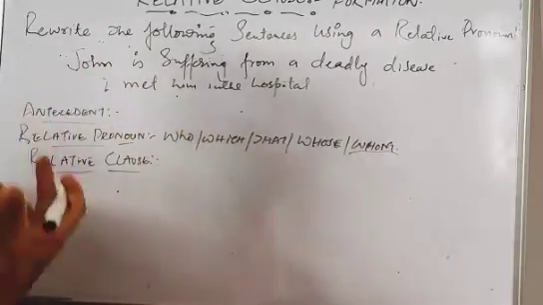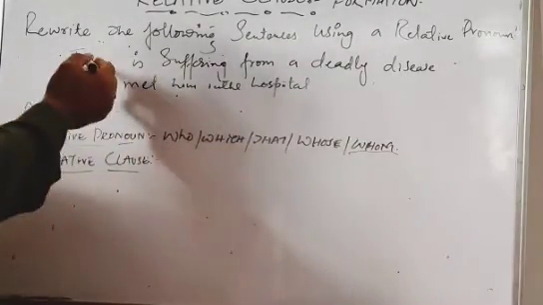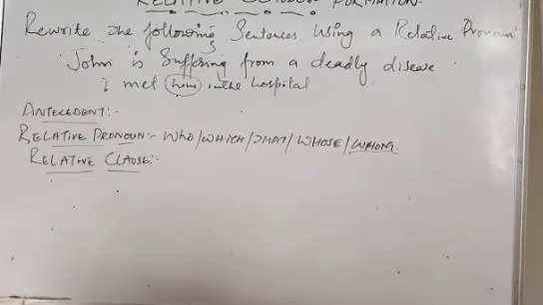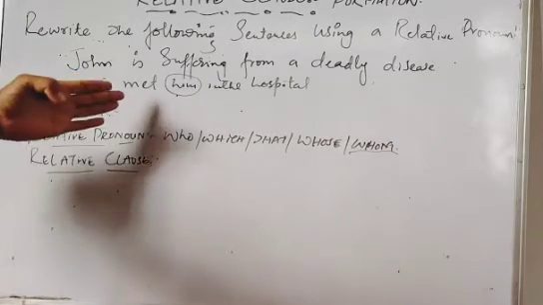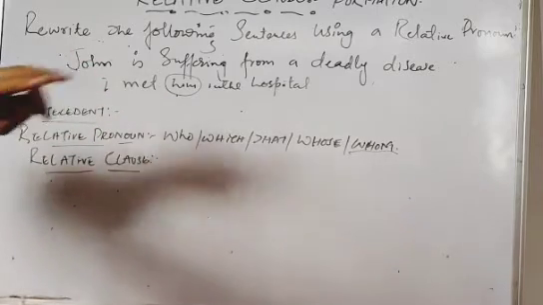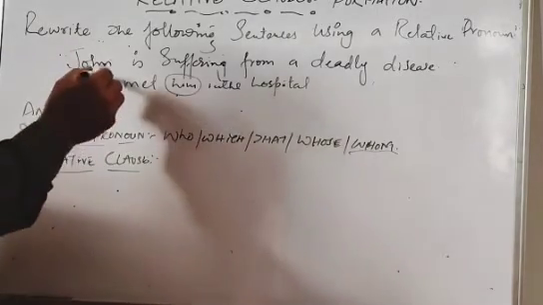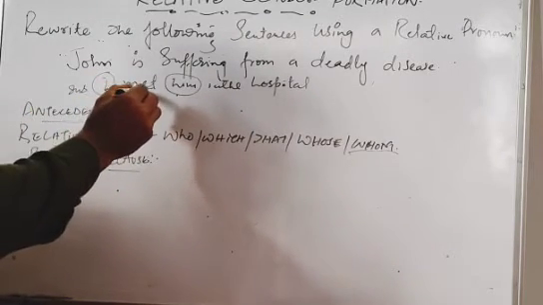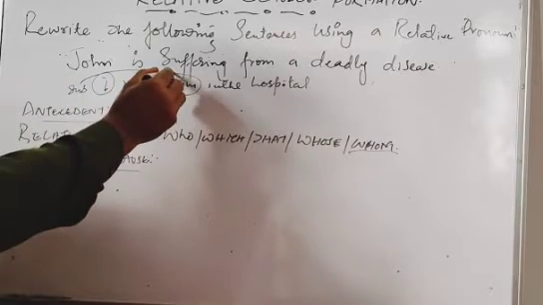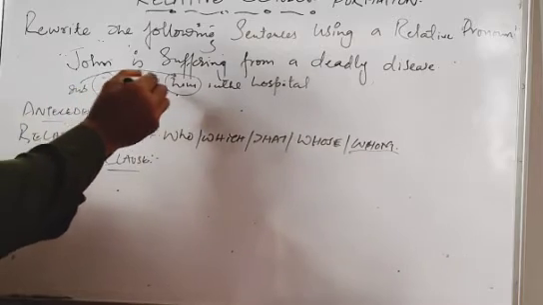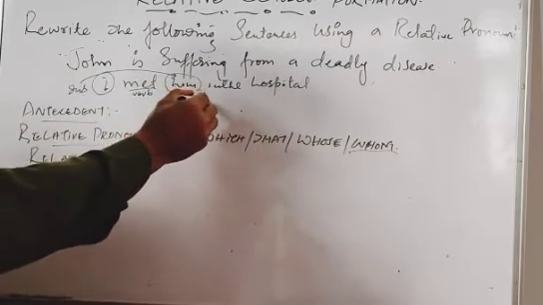Since John and I are not similar, it is basically John and him. What is him here? Him represents John, no doubt, but it is neither a subjective pronoun nor a possessive pronoun. I is the subject here, met is the verb. I met him: this is the subject, this is the verb, and him becomes its object.